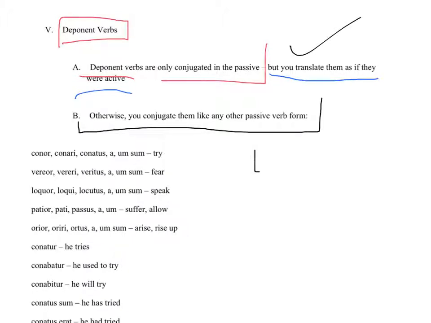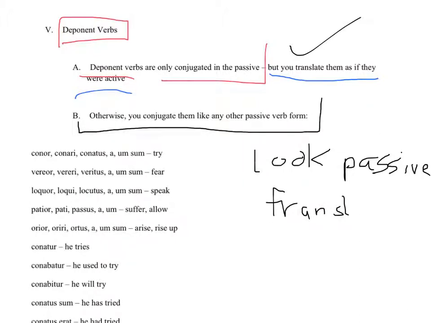So they look to your eye and they sound to your ear passive, but they are translated as if they were active. It's a funny combination. Look at the examples.